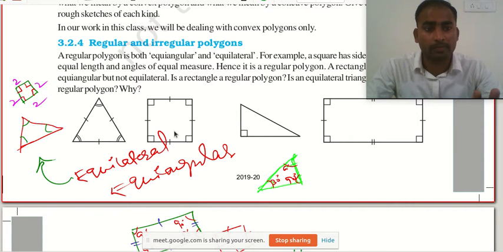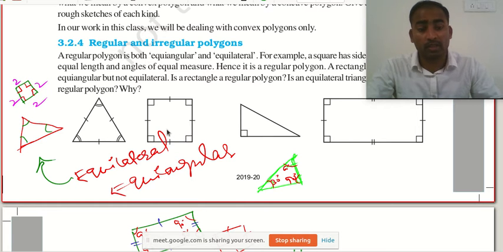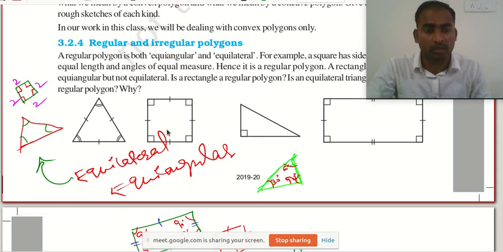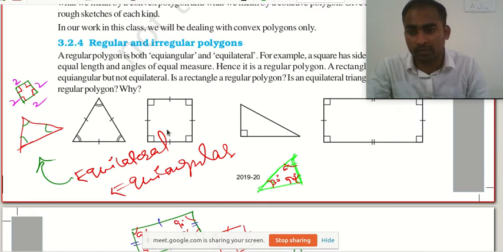And we discussed one property yesterday. All the equilateral polygons are equiangular, but all the equiangular polygons are not equilateral.